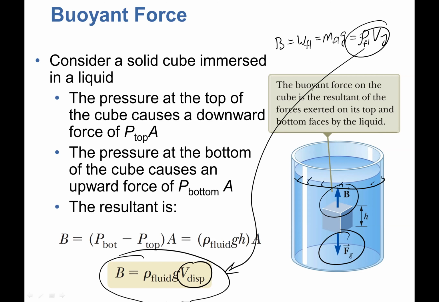And the volume of the displaced fluid always equals the volume of your object. So if I have an object with a regular shape, I can find its volume, which tells me how much water was displaced. I can plug it into this calculation and calculate the buoyant force. That's one of the ways we can calculate it.